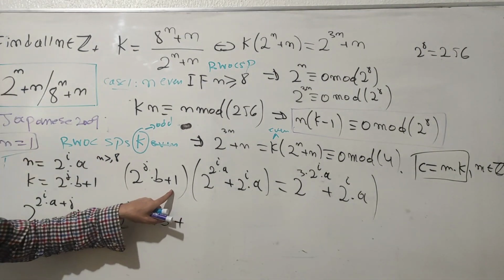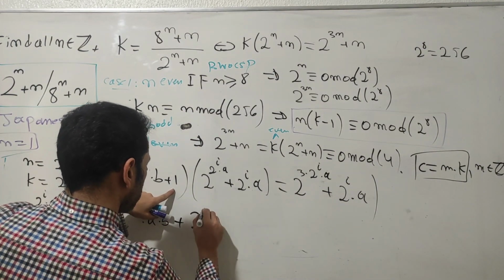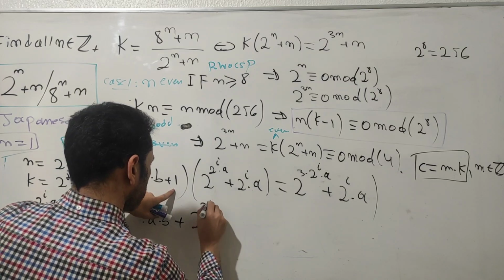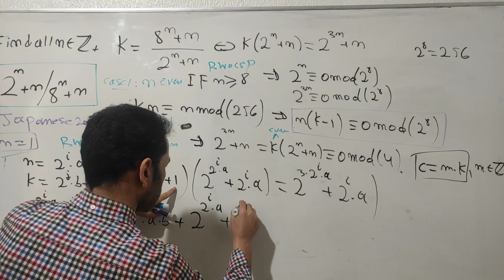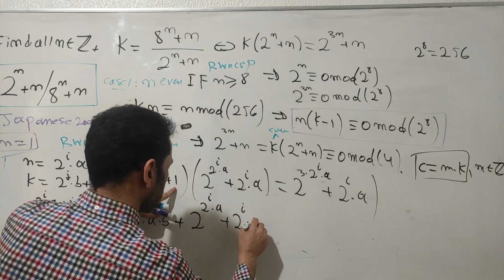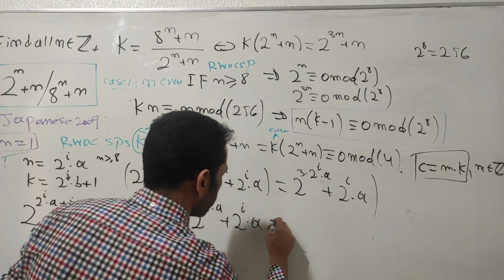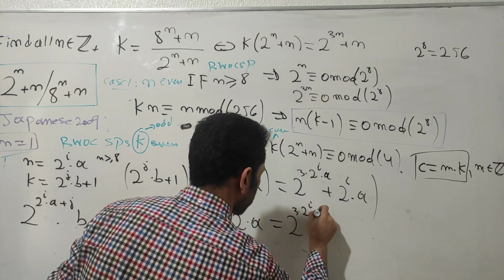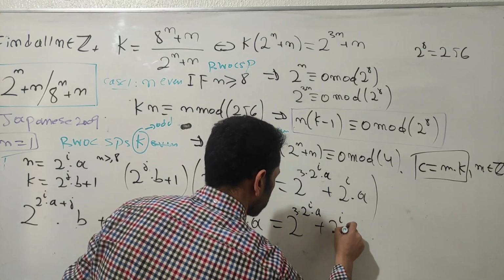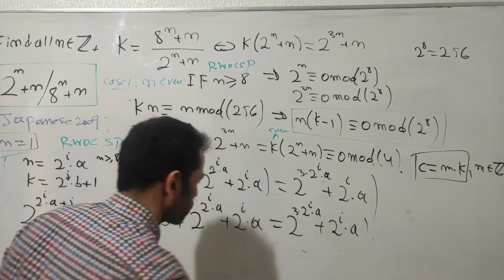Plus the third term, it will have 2 to the i multiplied by a, plus the last term, which is 2 to the i multiplied by a. It's simpler. Everything equals 2 cubed multiplied by 2 to the i multiplied by a, plus 2 to the i multiplied by a, like this.